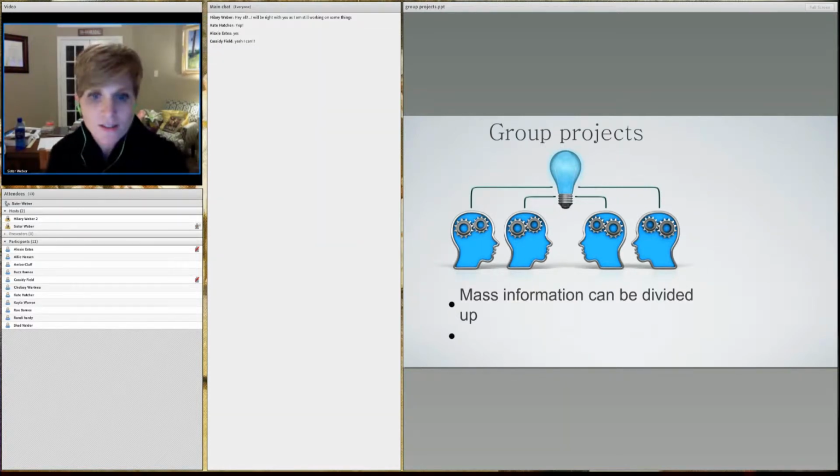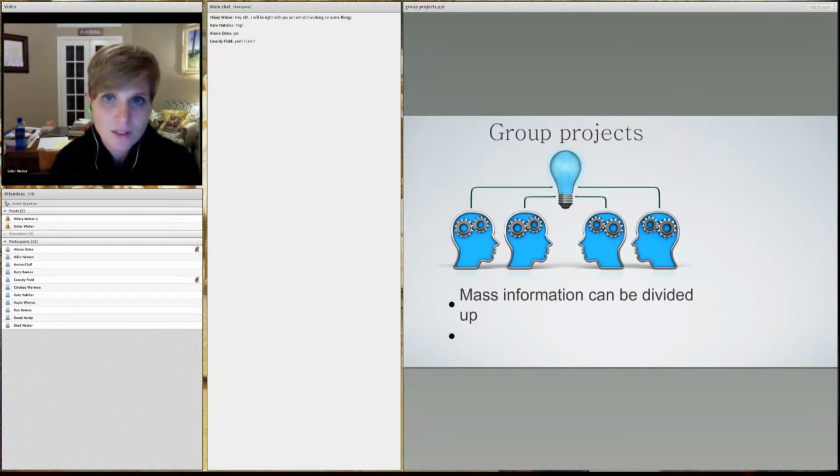Basically, with group projects, the idea is that mass information can be divided up, especially when you have these readings, and sometimes you can't dive in to read every little thing. Group projects are really big in graduate school and law school. You can't really get by without dividing up the material and discussing it.